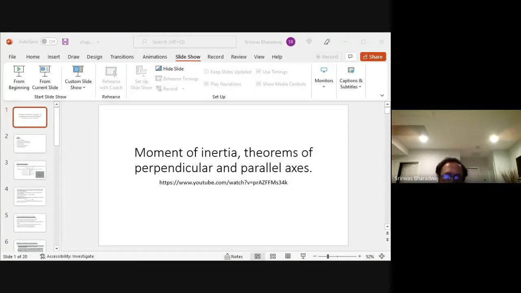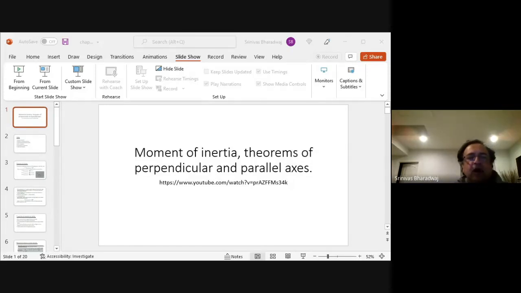Now, there are two theorems. The first I want to explain is the parallel axis theorem. I need a tool to explain this. Here, assume this is a uniform rod. What it takes to make this spin versus what it takes to make this spin is different.